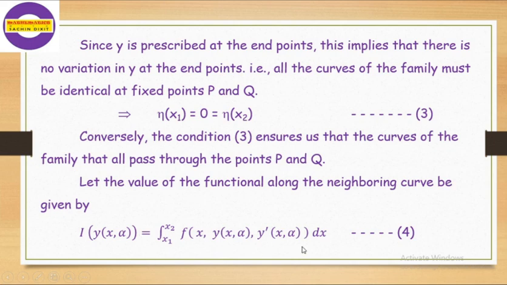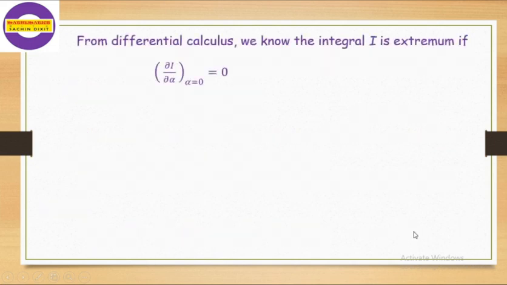That is some neighboring curve we have to take here. From differential calculus, we know the integral I is extremum if partial I by partial alpha at alpha equals 0 is equal to 0.